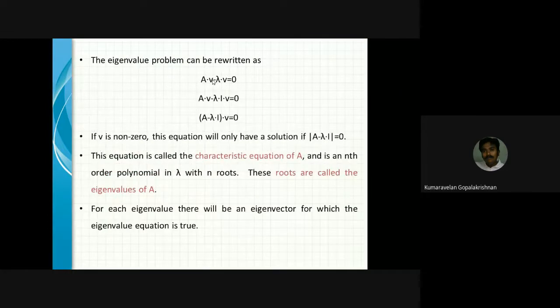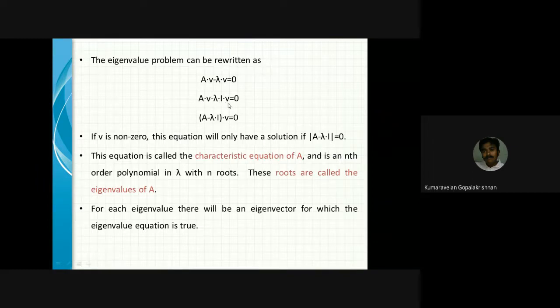I moved the right-hand side to the left-hand side. So it becomes A dot V minus lambda V equals 0. Now again, I am going to multiply with the identity matrix I. So nothing changes, you know. 2 into 1, the result is 2 only. Similarly, I multiplied the identity matrix with the vector V. Okay, nothing is changed.